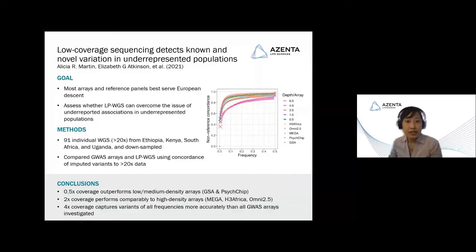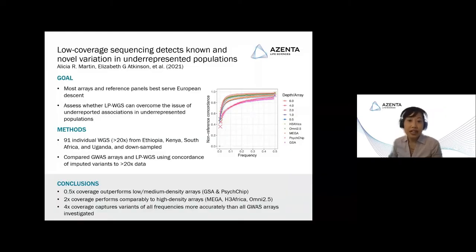So the group took data from a deeper sequencing experiment on 91 individuals of African ancestry and downsampled the data to be comparable to a low pass coverage, such as 0.5x, 2x, and 4x. This data was compared to the results of different types of arrays, such as low, medium, and high density arrays.